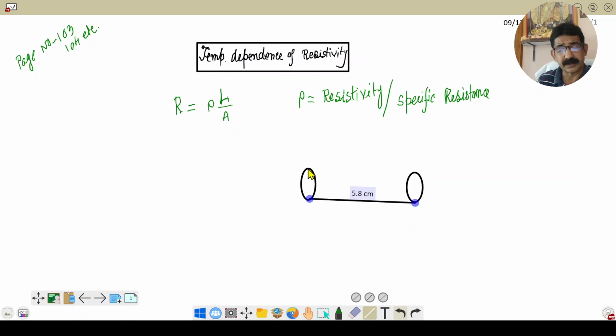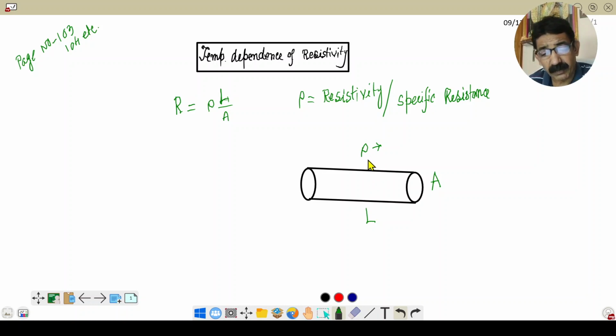This is the conductor having length L, area of cross section A, and rho is the intrinsic property of this conductor. That means the value of rho depends upon the material. Now suppose the value of rho is equal to rho naught.